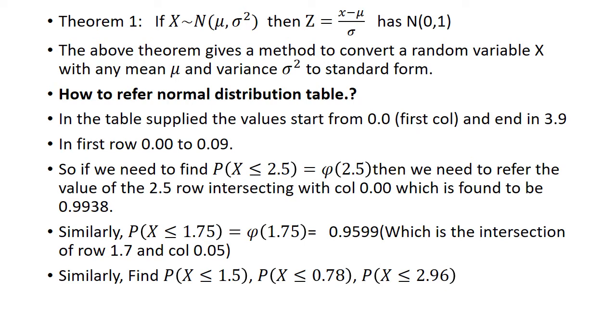Similarly, probability of x less than or equal to 1.75, which is equal to phi of 1.75, is 0.9599, which is the intersection of row 1.7 and column 0.05. Similarly, you can find probability of x less than or equal to 1.5, 0.78, and 2.96 for practice.